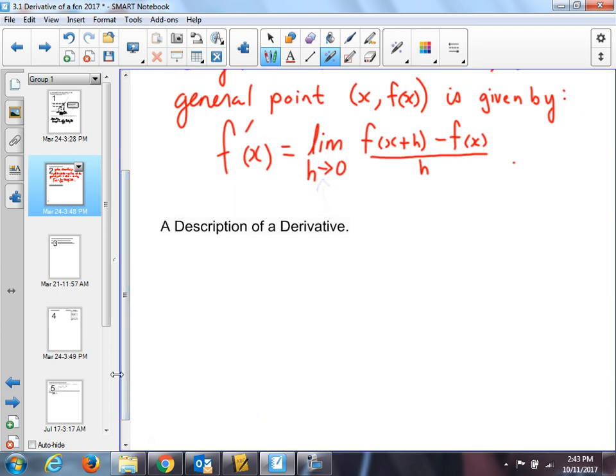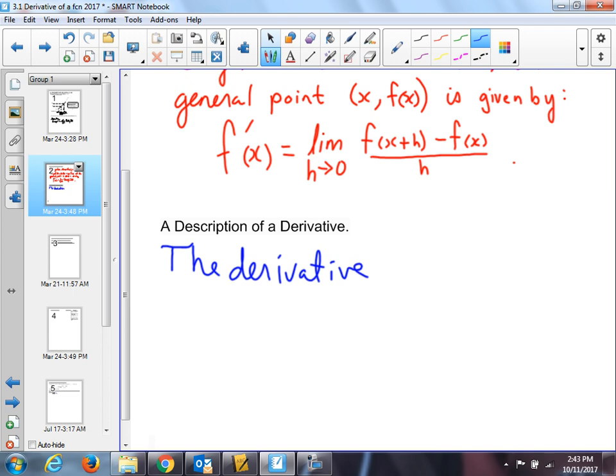Now, a description of the derivative. This is not a carefully worded definition or anything like this, but I want you to know this, and I'll get you to repeat it with me at the start of some classes sometimes too. We'll see. The derivative is a formula. This is just my description. It's not a formal one from any textbook.